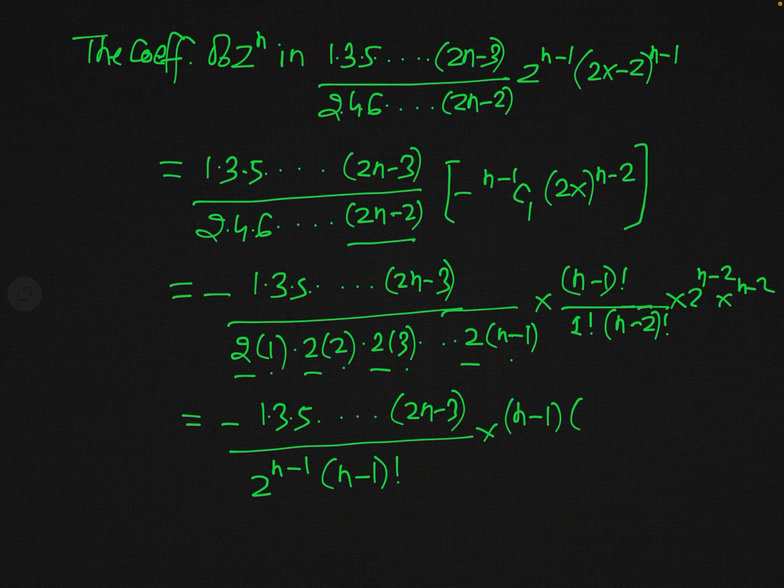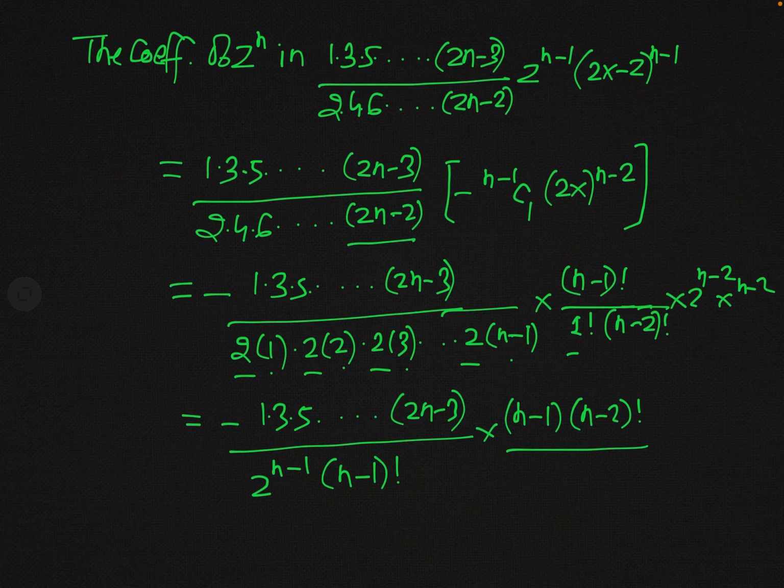You can see, and this factorial n minus 1 can be written as n minus 1 into n minus 2 factorial.